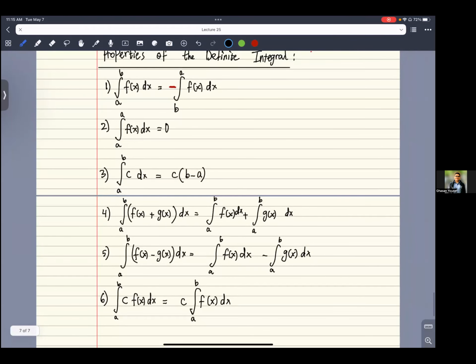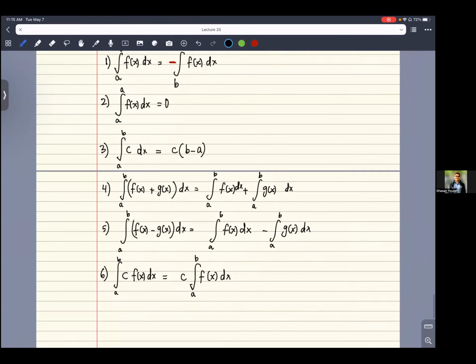These are very important properties. We're going to use them to evaluate integrals.